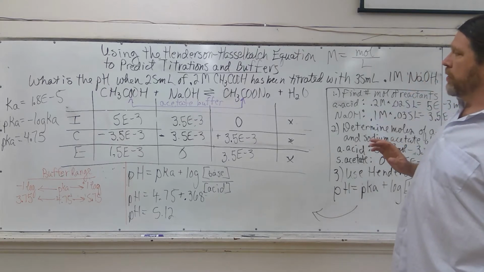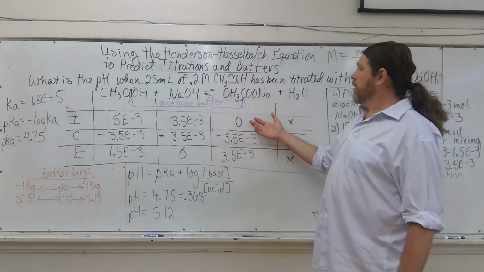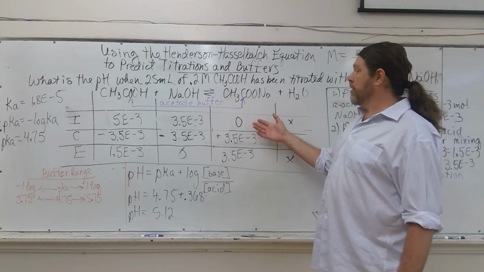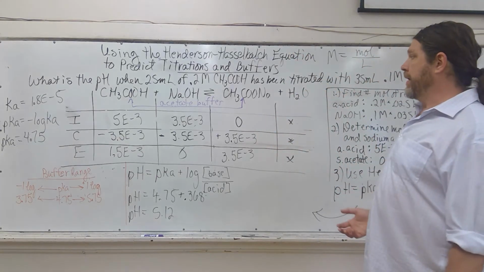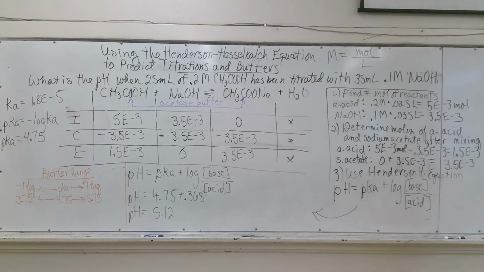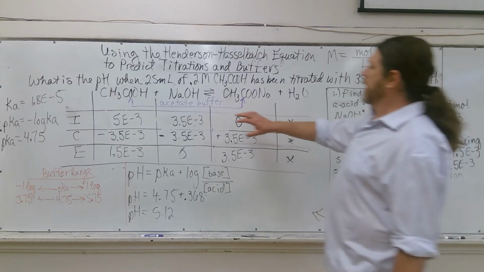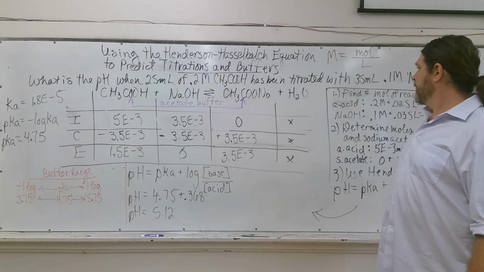So initially, we have produced no water and no conjugate sodium acetate. So at initial, we're about to add in our base. The way that Henderson-Hasselbalch works is that we actually put in moles rather than molarity in our ICE chart to find our equilibrium conditions.